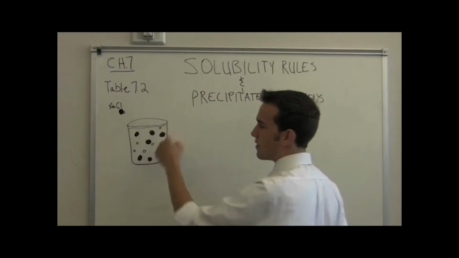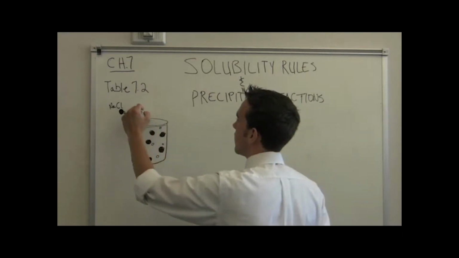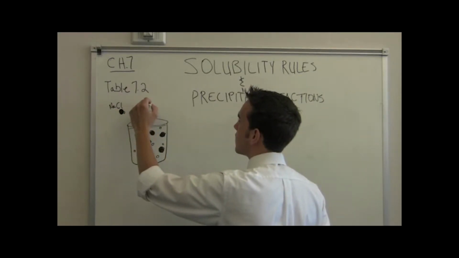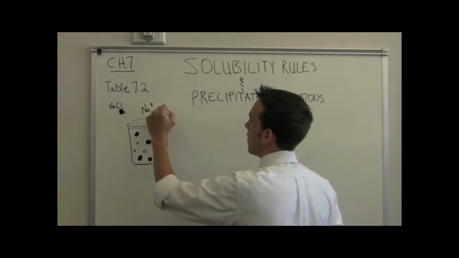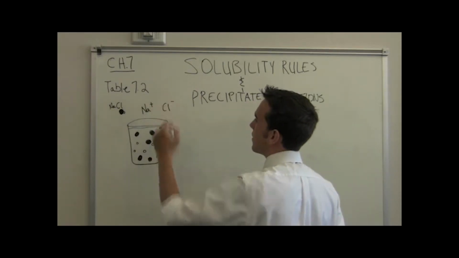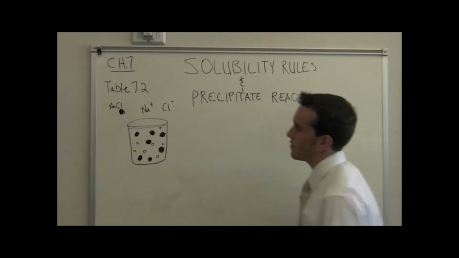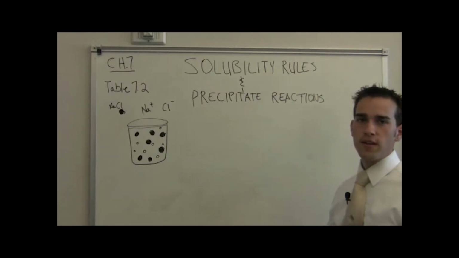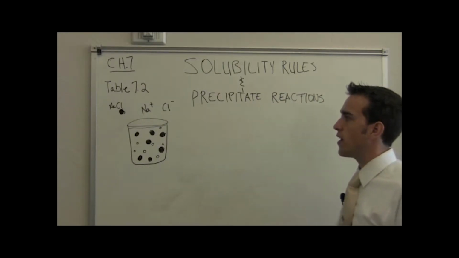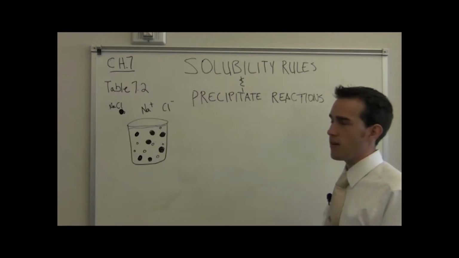So in this solution, we have Na+, sodium ions, and Cl-, the chloride ions. They separate into those ions and they're just floating around, separate from each other.